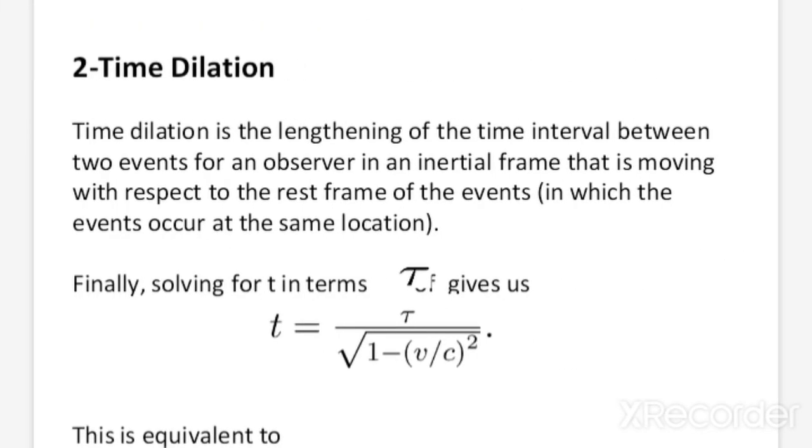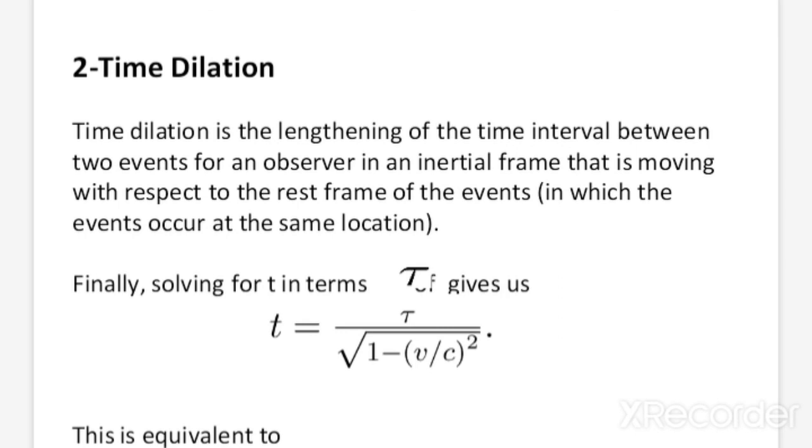Time dilation means the time observed for any events happening in frame of reference S' is different as observed by the observer situated in the frame of reference S. Suppose the time interval of any two events occurring in frame of reference S' is denoted by del t', and the same for the frame of reference S is del t.